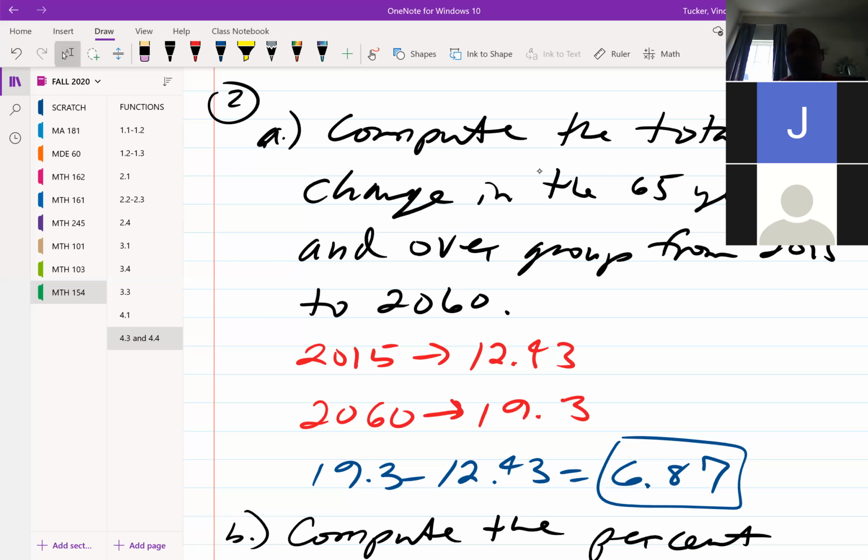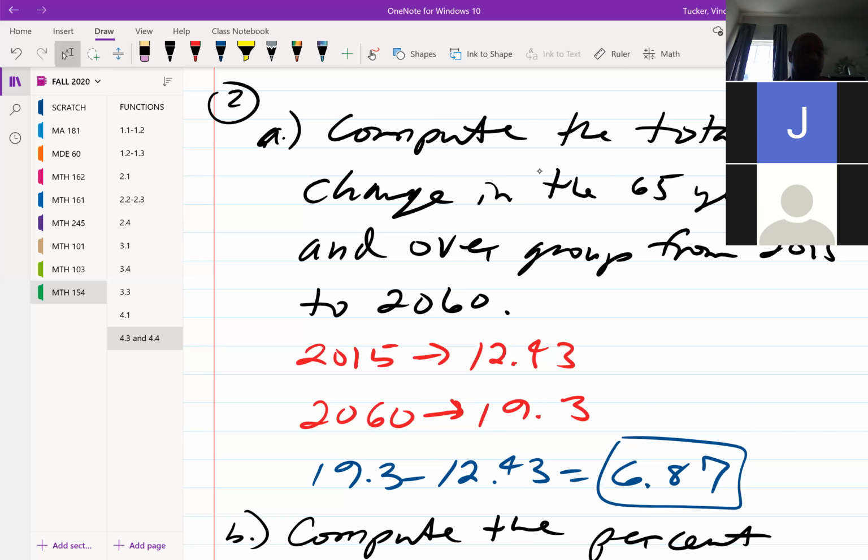So we're talking about 12.4% versus 19.3%. Yes, percentage points. Those values are in the chart. So we would subtract the 12.43 from the 19.3, which would give us 6.87.